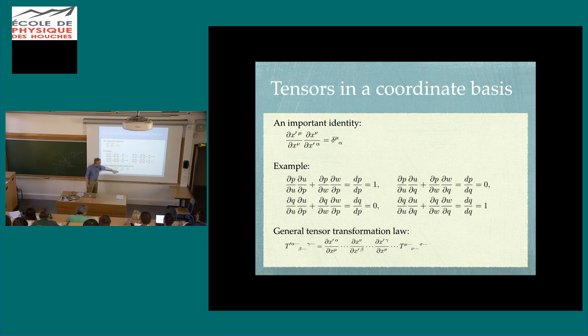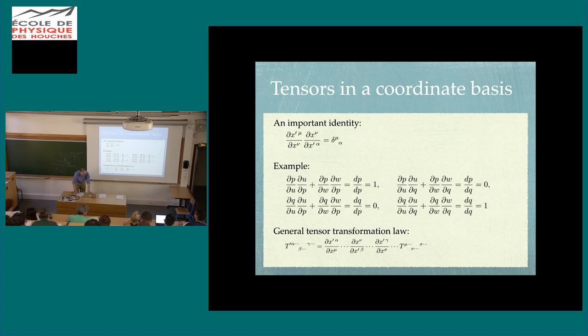You use a direct transformation for every upper index and an inverse transformation for every lower index, as many indices as you've got. And that way, everything will transform alike. It's just the way we've done it before.